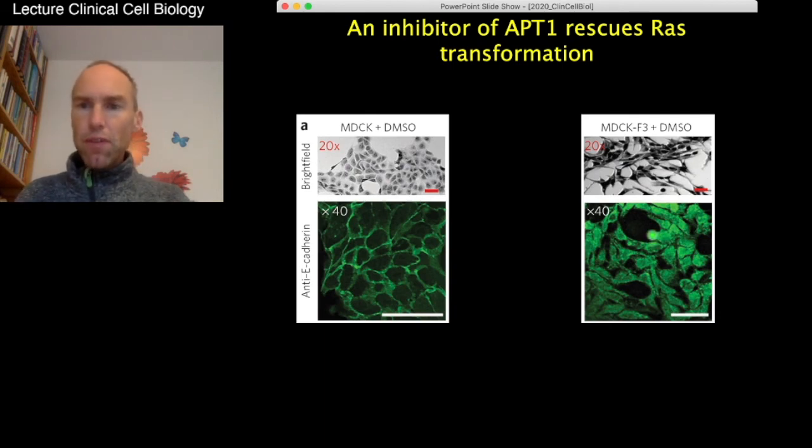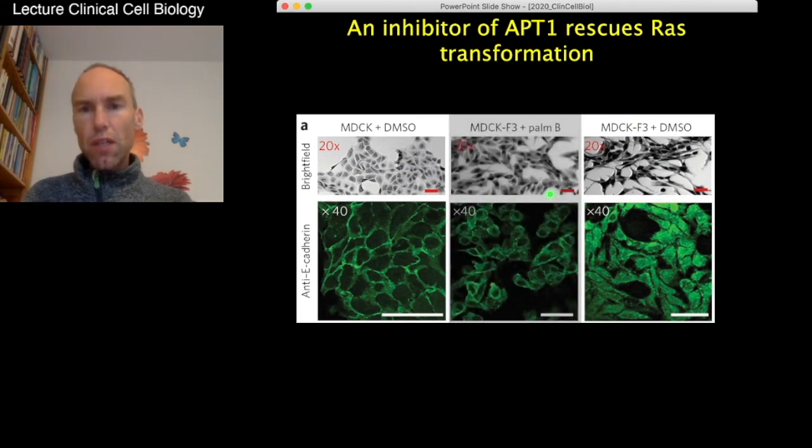Now, what happens if you add the inhibitor that inhibits the APT1 to these cells? What do they look like? So that's the experiment that they did. And now what you see is that the cells start to look more like the wild type cells, and also that this cadherin staining is rescued to some extent.